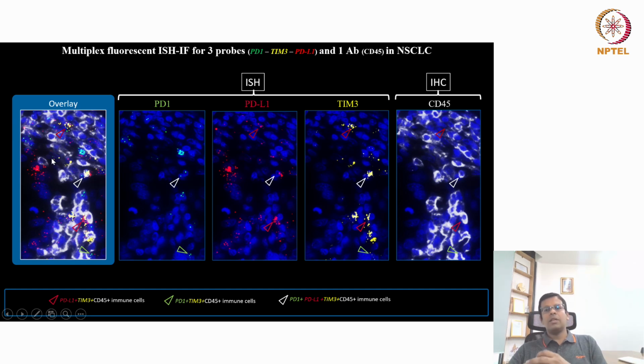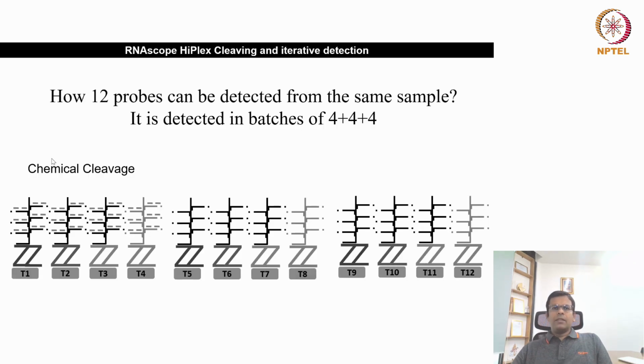From this data, you can actually quantify cell-wise the number of mRNAs for each of these genes and the number of cells that show the CD45 marker. Okay, so this way you can combine both technologies, ISH, that is in situ hybridization, and immunofluorescence.